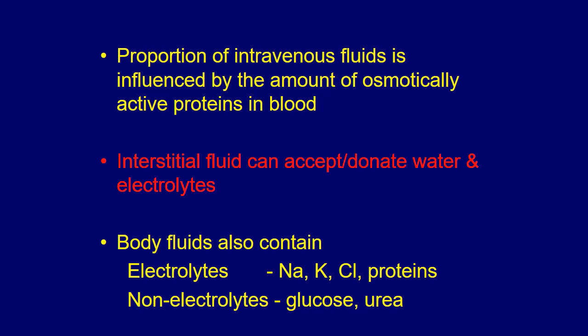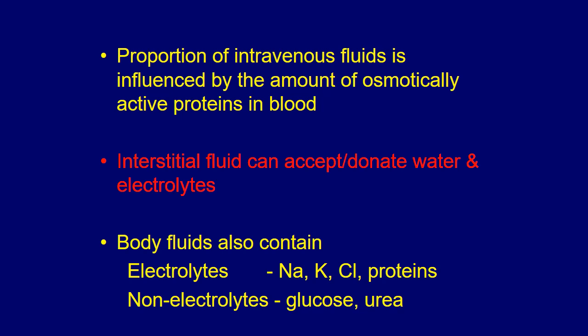Right, a few more words about fluid and electrolytes in different body fluid compartments. When you look at the intravascular fluid compartment, how much intravascular fluid is going to be there in the body is influenced by the amount of osmotically active proteins in the blood.